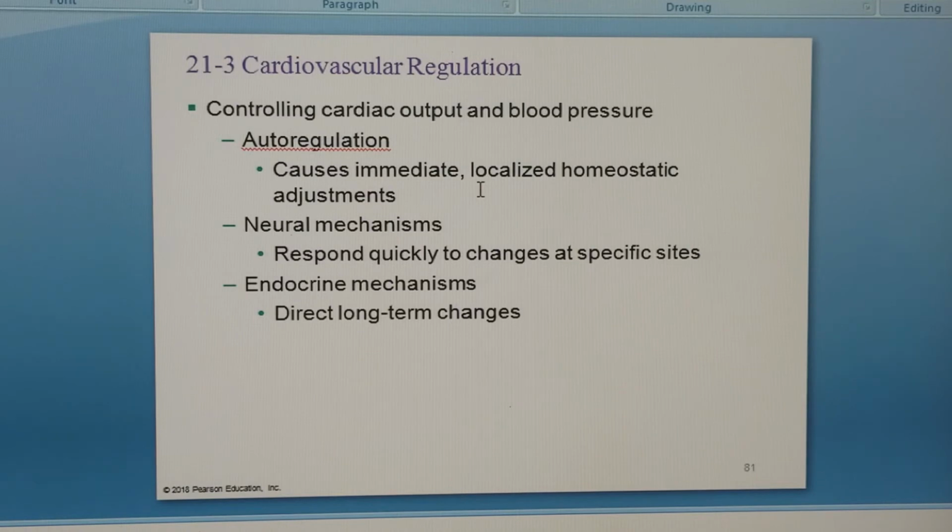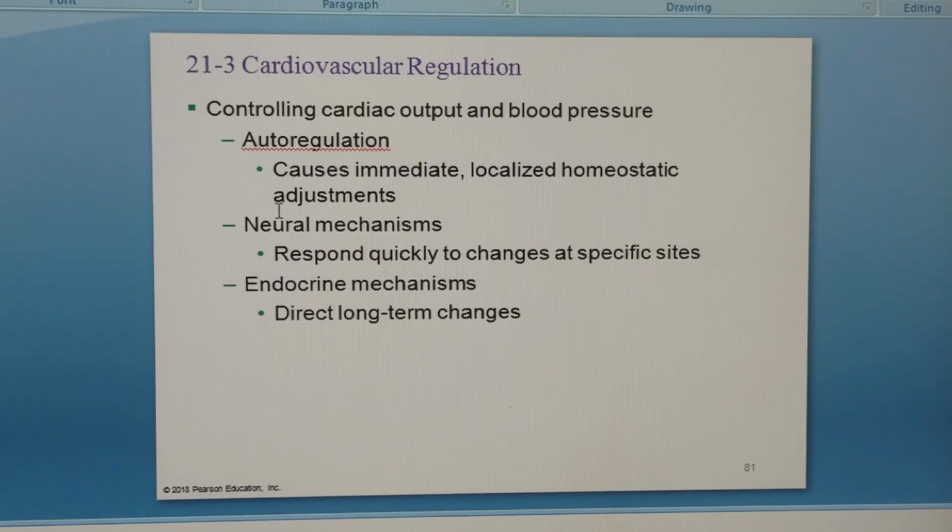Controlling cardiac output and blood pressure, we have three mechanisms that we can look at: autoregulation, neural mechanisms, and endocrine or chemical mechanisms. Autoregulation causes immediate, short-term localized homeostatic adjustments.